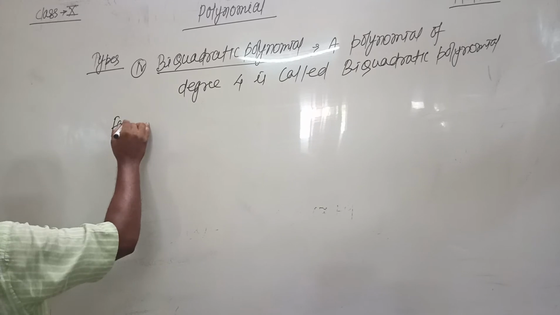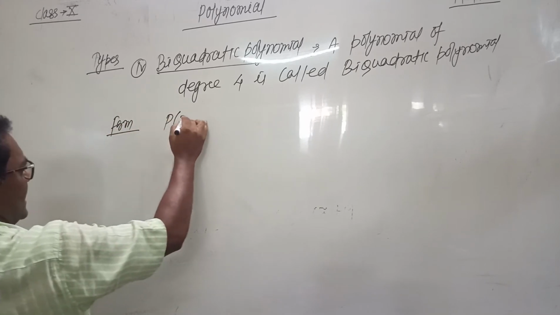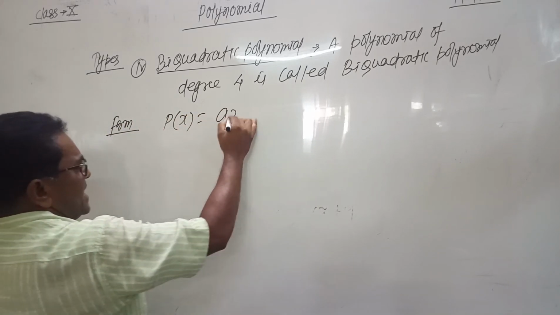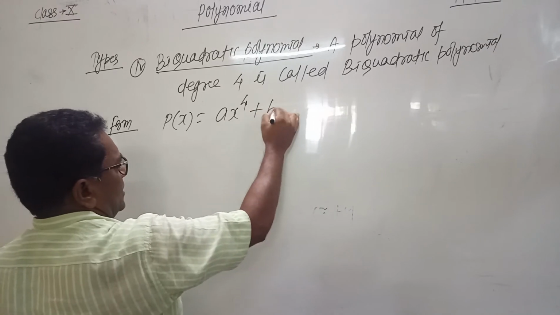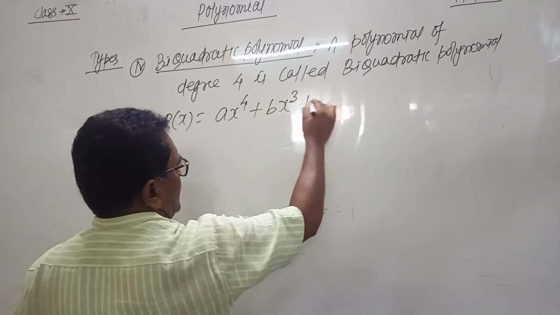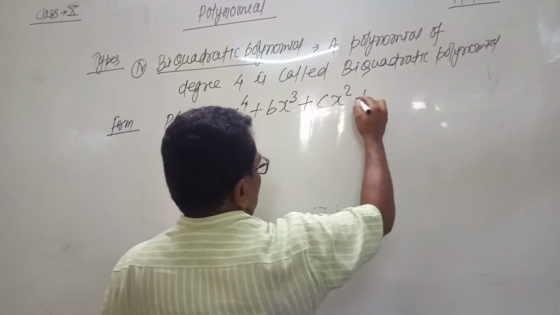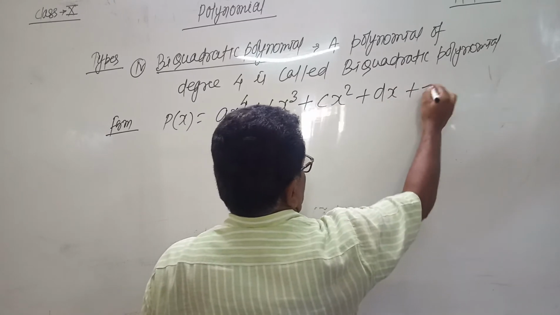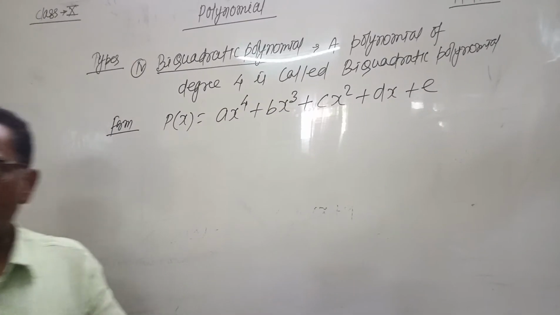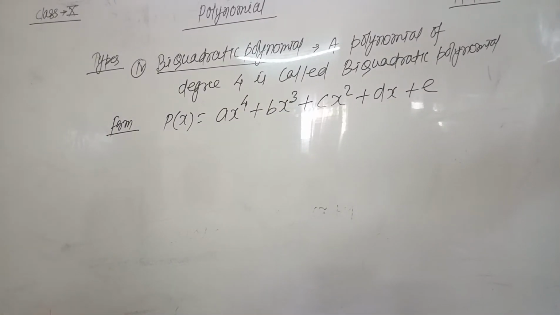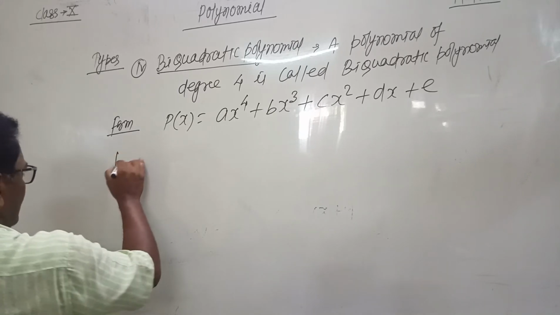Its form is given by p(x) equals ax to the power 4 plus bx to the power 3 plus cx square plus dx plus e. This is the form of a biquadratic polynomial, and a polynomial whose degree is 4 is called a biquadratic polynomial.